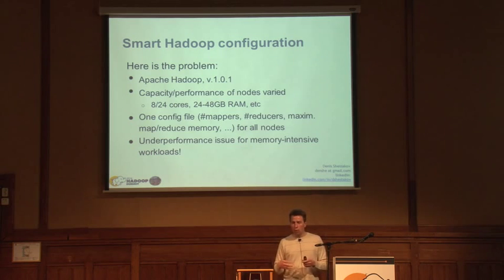That's why, when configuring our cluster, we had to address the least equipped nodes, essentially the machines with 8 cores and 24 gigabytes. And for our workloads, the memory was essential. So ideally, we would like to have different configurations for our subcluster machines, right?